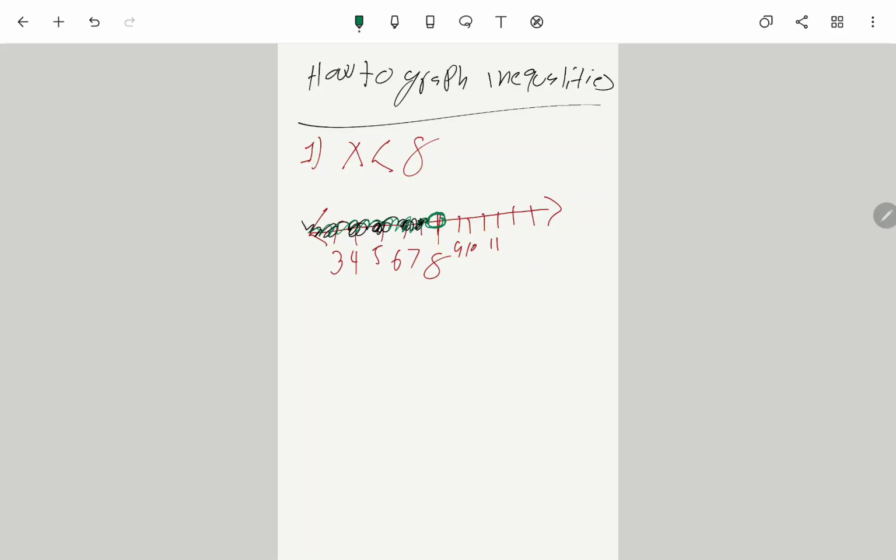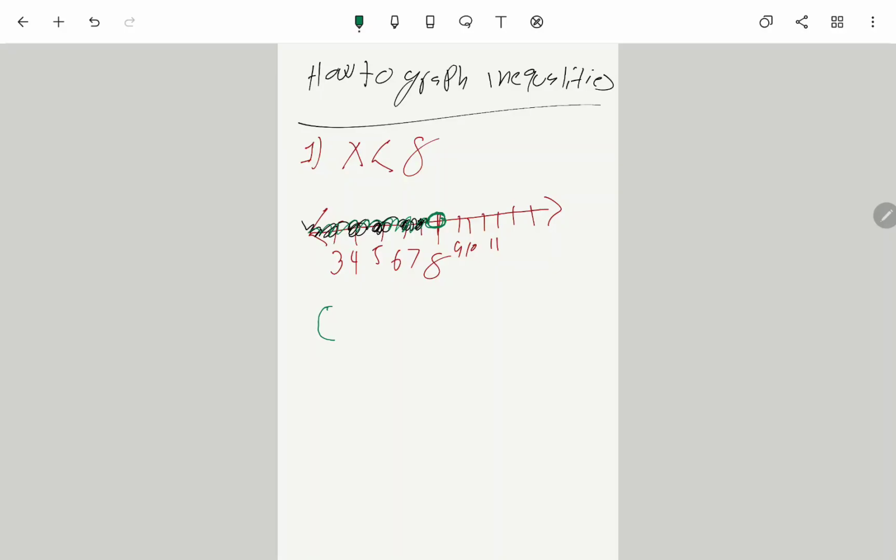Now we're talking about interval notation. So how do we represent the graph in interval notation? So easy. The domain. For example, the same example. Which number is first on the left side?